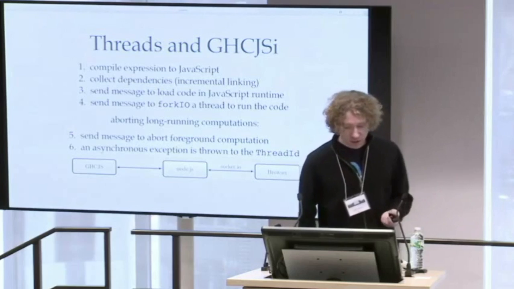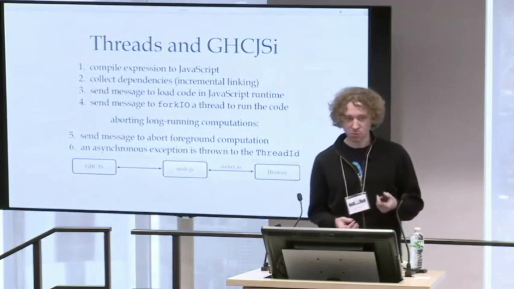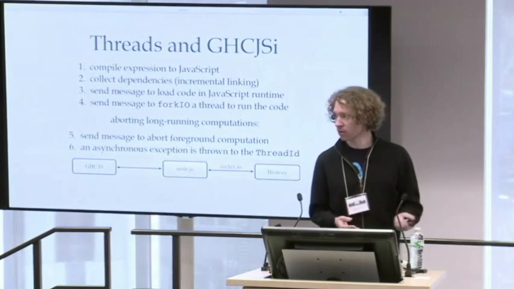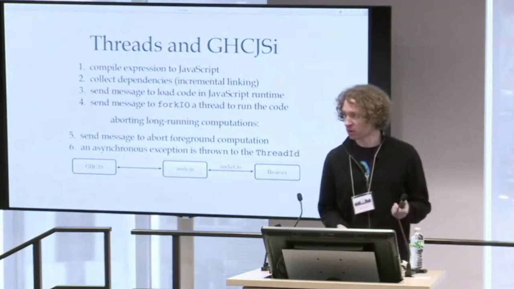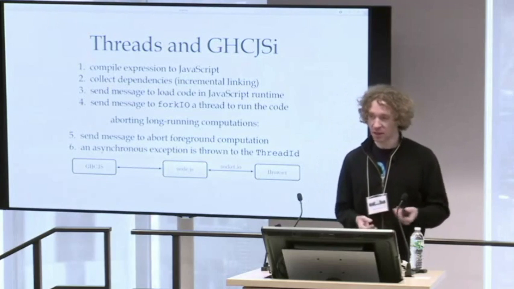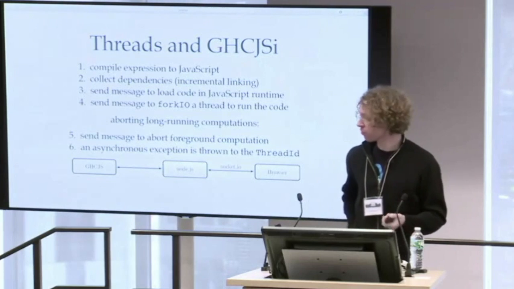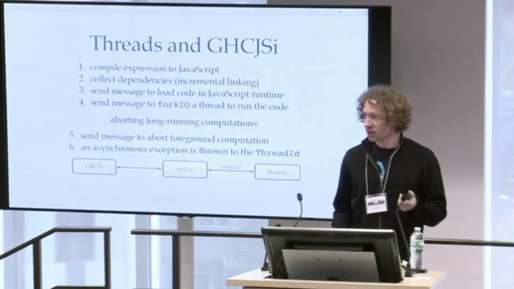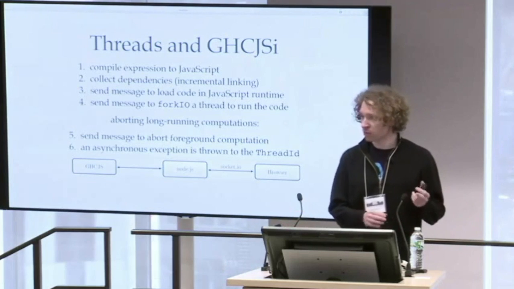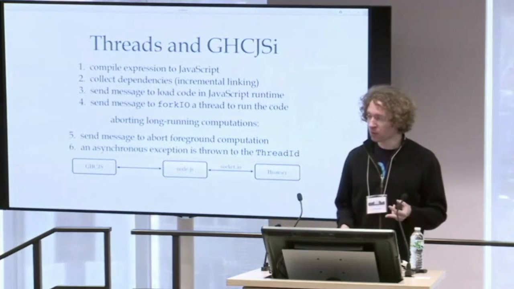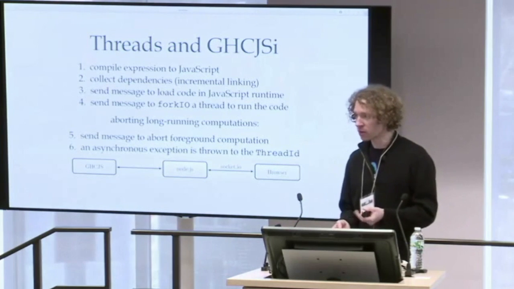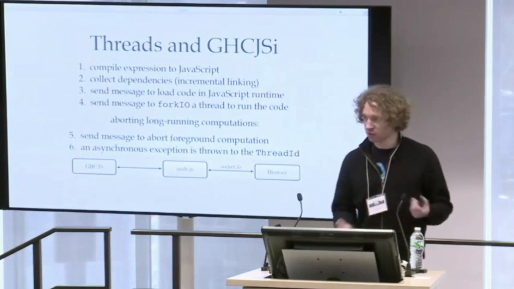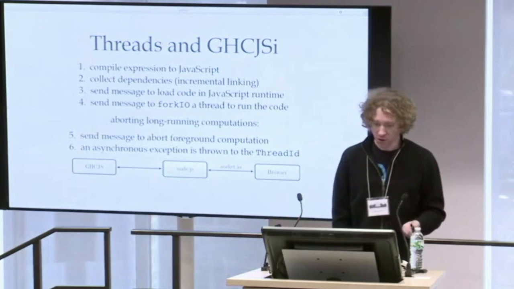That's step 3. And then to start the whole thing, it just asks the runtime to forkIO a thread through the normal Haskell forkIO low-level primitives of the runtime system, and then it runs the code. And often when you have a simple expression, say print 2 + 2 or something, then it will compile to an IO action that prints the result to standard out. The standard out will be taken from the underlying JavaScript runtime, and the result is then just printed like normal to your console.